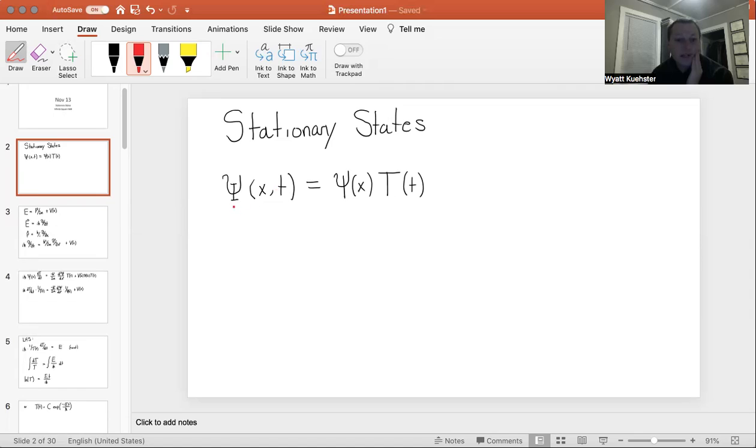And I will, as a convention, use capital psi for the full wave function and little psi as a function of only x. Now, obviously, this is a ridiculous assumption.